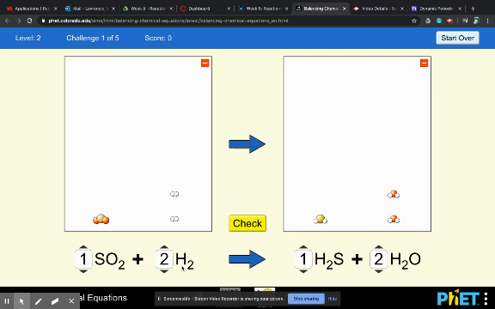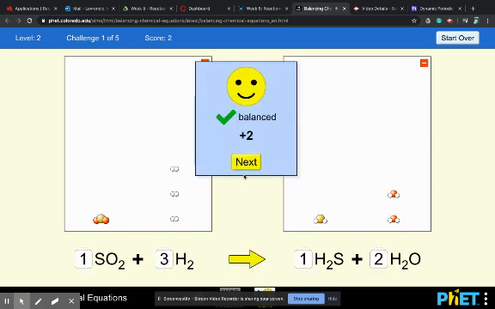That's why we often leave oxygen till last, because especially in combustion reactions, it appears in 2 different places. Okay, and because in balancing the oxygens we also changed the hydrogens, now we need 2 more hydrogen atoms, so if we add another hydrogen molecule, that will balance things out, and this should check out. There we go.